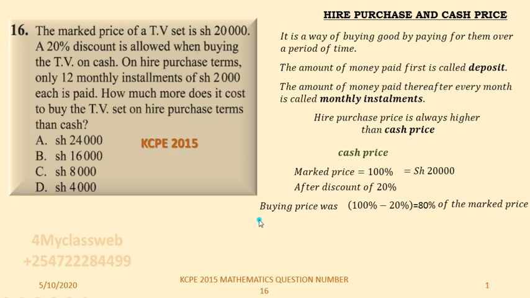That will now be the cash price, or the buying price. So, if we take 80% of 20,000 shillings, we first do away with those zeros, so we shall be left with 80 multiplied by 200, and therefore the cash price will be shillings 16,000.